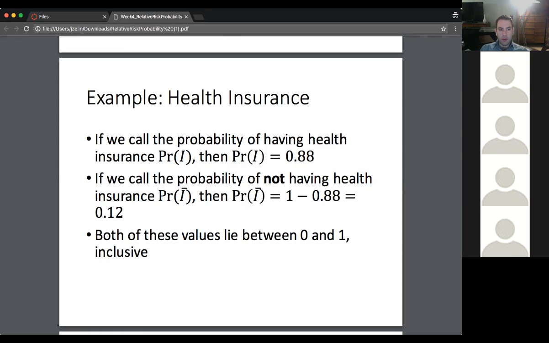So if we call the probability of having health insurance the probability of I, then the probability of I is equal to 0.88. If we call the probability of not having health insurance the probability of not I, then you can just do the complement, 1 minus 0.88, which is equal to 0.12 or 12%. Both of these values lie between 0 and 1 inclusive, so those fulfill the probability laws.